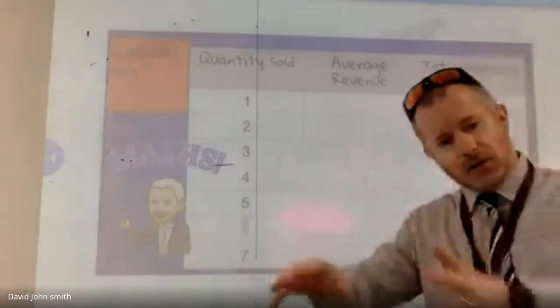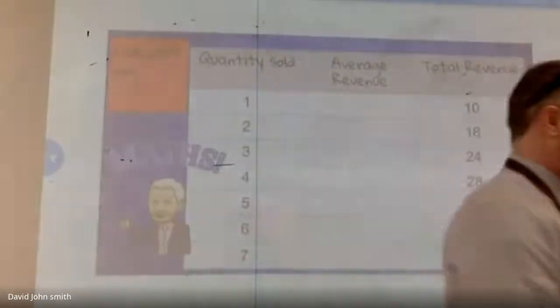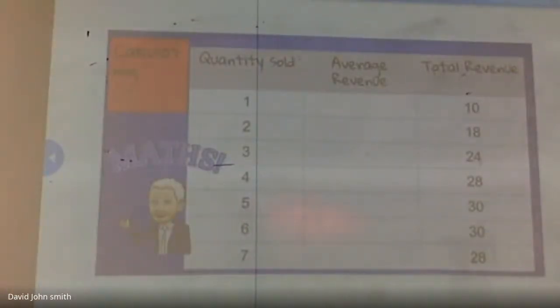So just where you are with your book, with your notes, put in a table and fill in the table. A couple of seconds to do this one. Won't take you long.